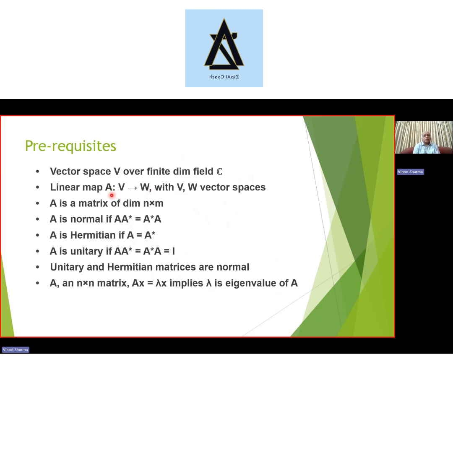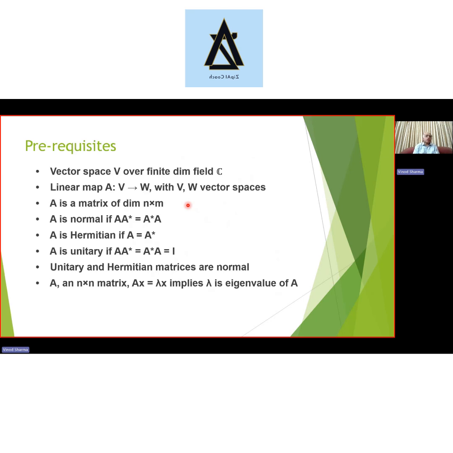A linear map A from vector space V to vector space W is a map which is linear and takes elements from here and maps to this. You can represent A as a matrix. If V has dimension n and W has dimension m, then this linear mapping from V to W can be represented by a matrix of dimension n cross m.